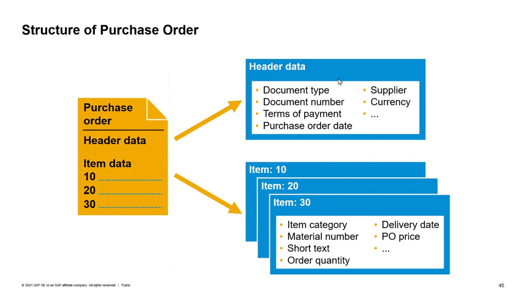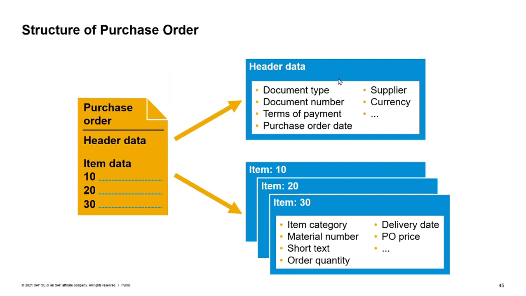Document type tells you, for example, if it's a regular PO, or maybe when you use this for, I have a German word, Umlagerung, sorry, stock transfer. And it gives you information on which fields have to be filled. Very important.